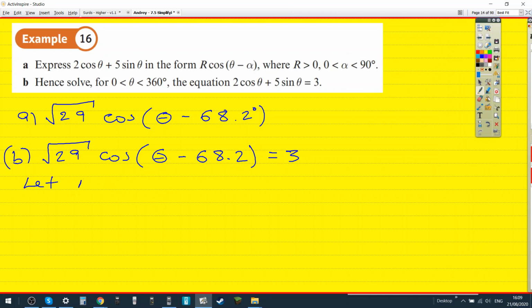And so it would be like cos A equals 3 root 29 over 29. And then I need to do arc cos of that and get the answer in degrees.